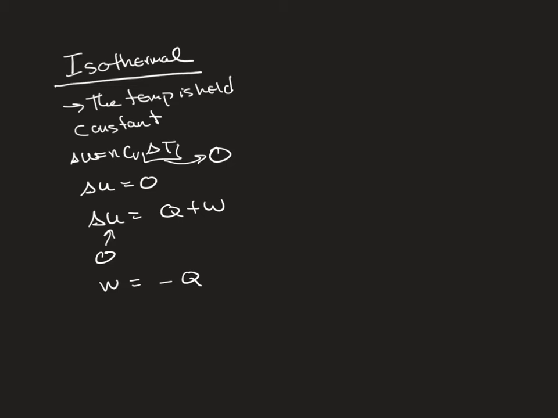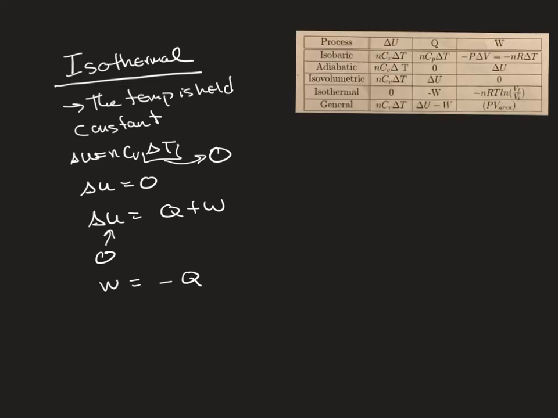All right, so I'm going to add the table in. So let's look at the table again. So for isothermal, we said that the change in internal energy is going to be 0. We're going to calculate the heat using this relationship here from the first law of thermodynamics. And we're going to be able to calculate work using this relationship here, where work is going to equal the negative of the number of moles times the ideal gas constant times temperature.